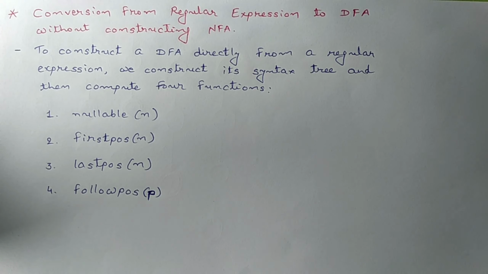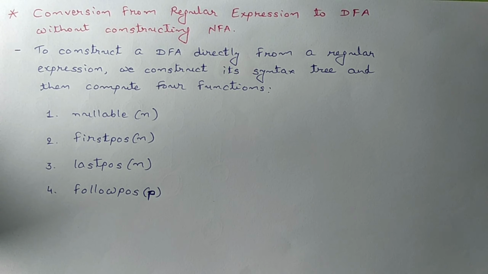Nullable of n is true for a syntax tree node n if and only if the sub-expression represented by n has epsilon in its language. First position of n is the set of positions in the subtree rooted at n that correspond to the first symbol of at least one string in the language of the sub-expression rooted at n.